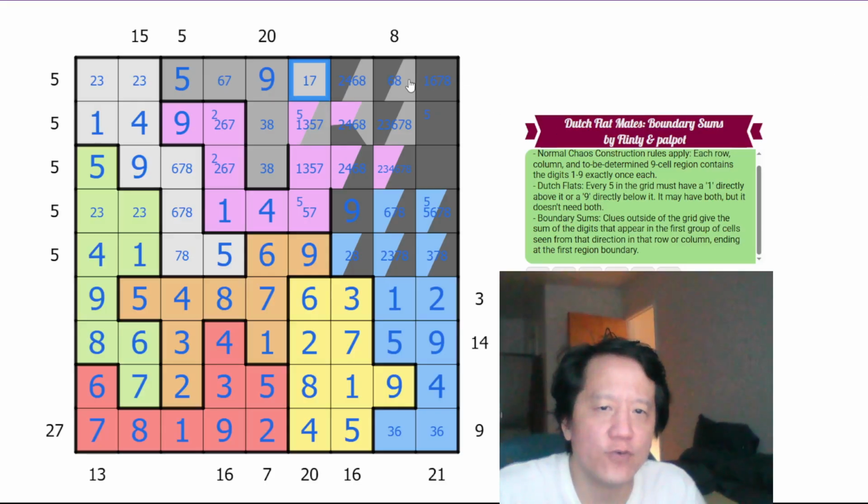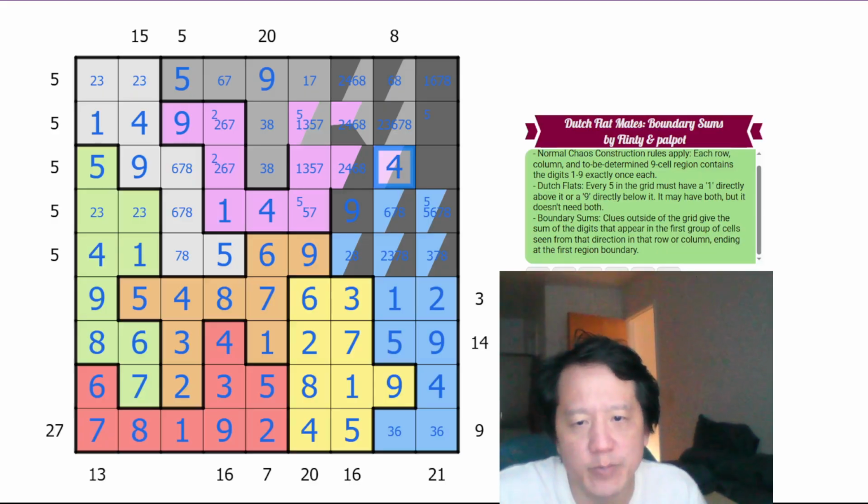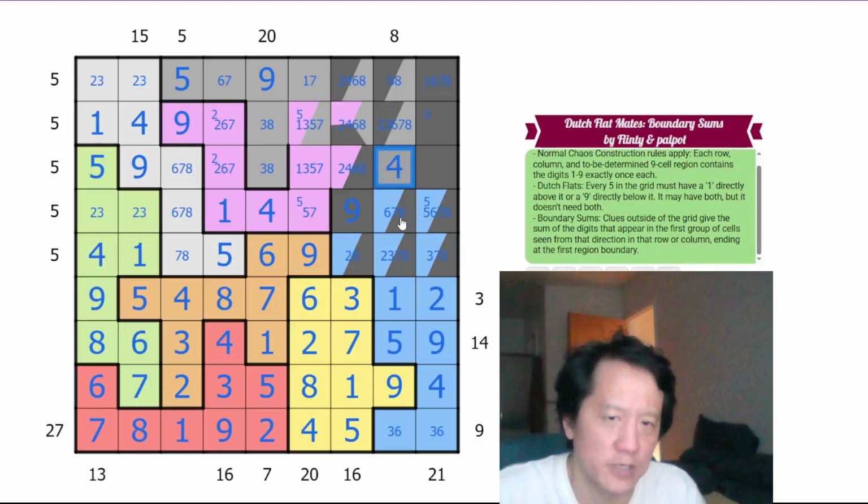Where is 4 in column 8? Can't be here, can't be any of these, so it must be here. So this is 4. Therefore, this cannot be pink. This has to be dark here then.